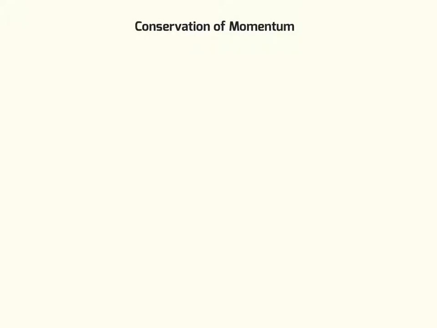Conservation of momentum is a pretty basic idea, and we can relate it back to conservation of energy, where however much energy we had in a system initially, we had to have that same amount finally. The same thing holds true with conservation of momentum. If we have some initial amount of momentum in a system, we have to have that same amount finally in that system.